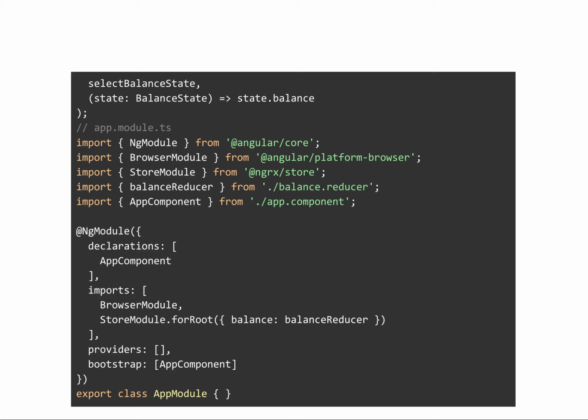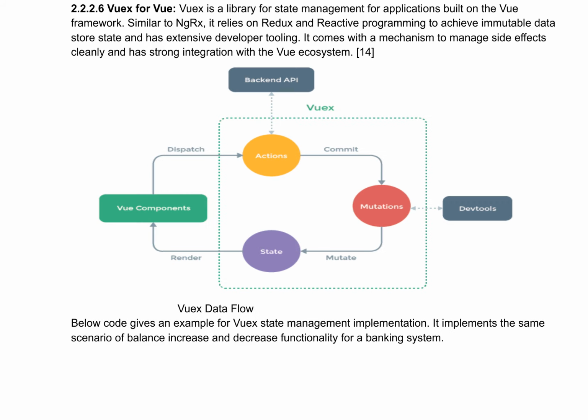For instance, an example implementation demonstrates how to manage a balance increase and decrease functionality for a banking system using NgRx. Similarly, Vuex is used in Vue applications to manage state in an immutable way, relying on Redux principles and reactive programming. Vuex provides mechanisms for handling side effects and integrates well with the Vue ecosystem.